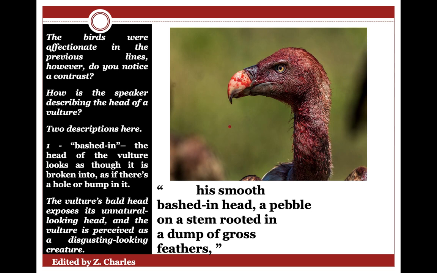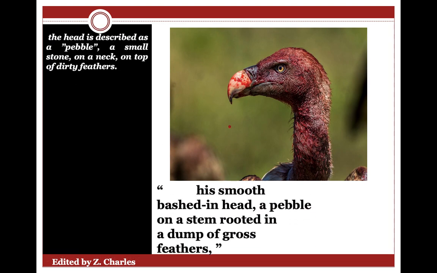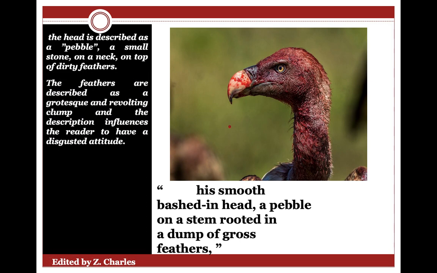The vulture's bald head exposes its unnatural looking head, and the vulture is perceived as disgusting looking. Okay? The head is described as a pebble, a small stone on the neck, on the top of dirty feathers. The feathers are described as grotesque and revolting, right? And the description influences the reader to have a disgusted attitude towards the vultures.